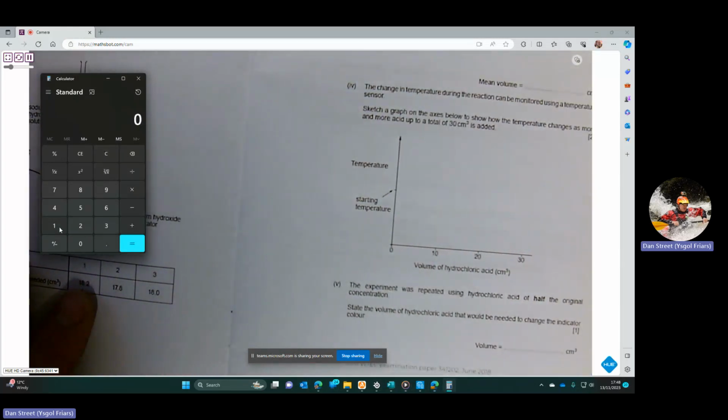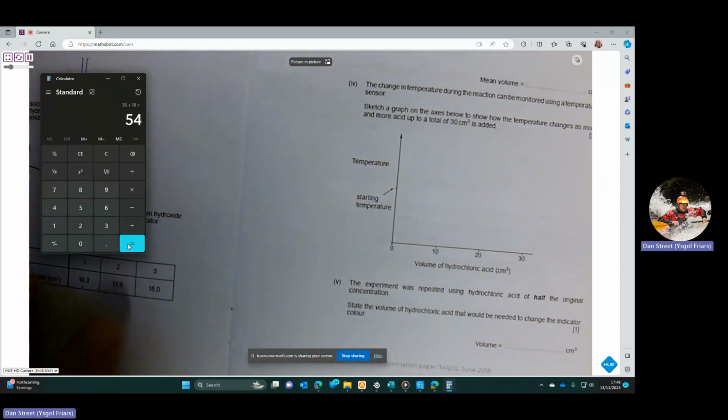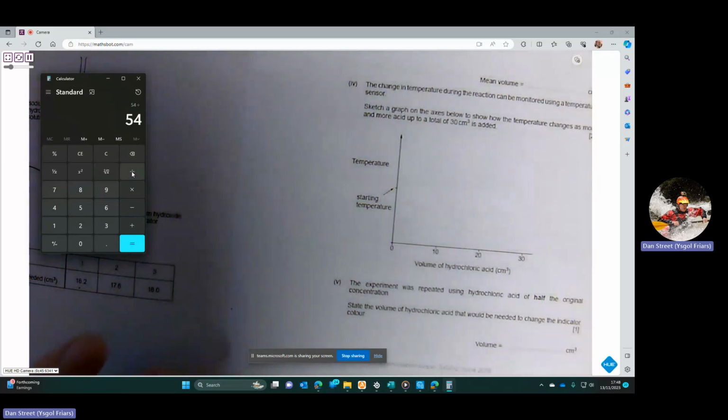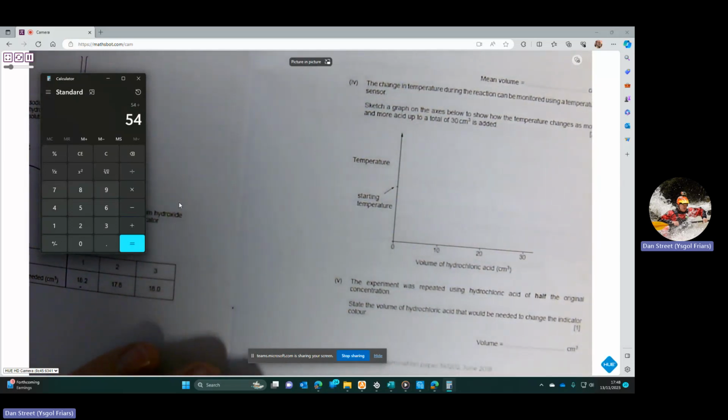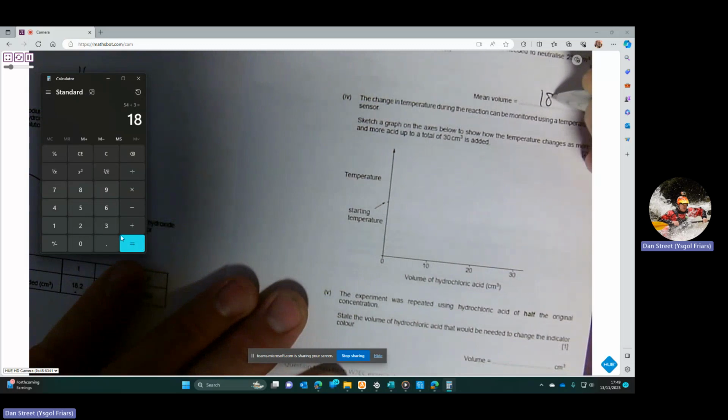So we've got 18.2 plus 17.8 plus 18. Okay, and then if you press the equals button first before you press the divide button, that will remove any BODMAS errors that your calculator might introduce, and then divide by 3 gives us 18.0 centimeters cubed.